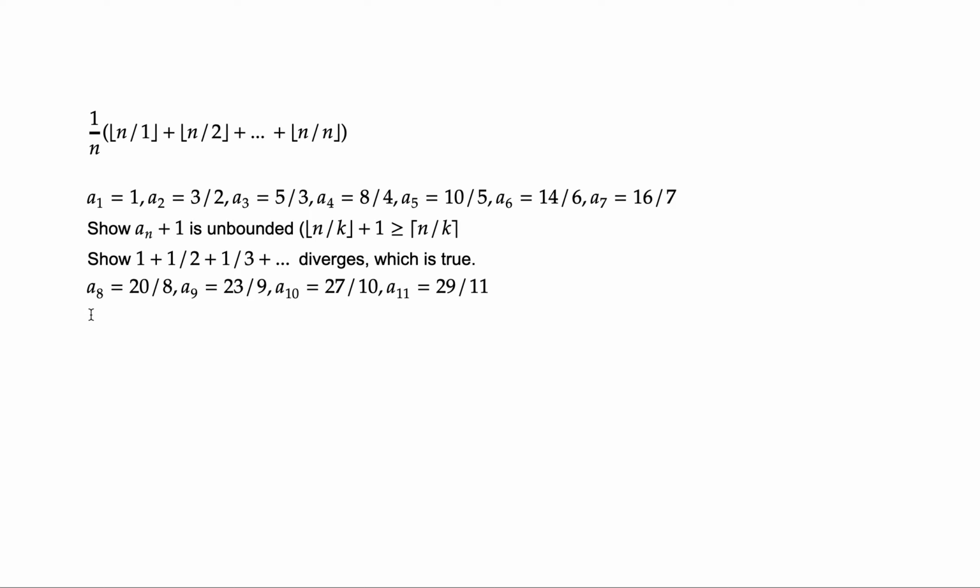Okay, so 1 over n times the floor of n over 1 plus the floor of n over 2 plus the floor of n over n. Can we take some kind of... Okay, I'm kind of getting a Dirichlet feeling now, actually.